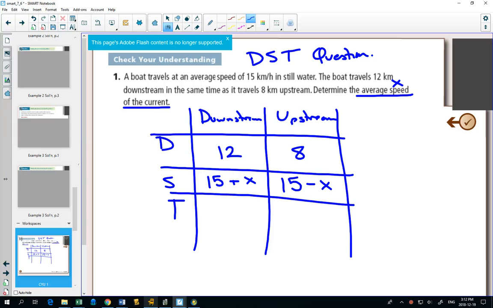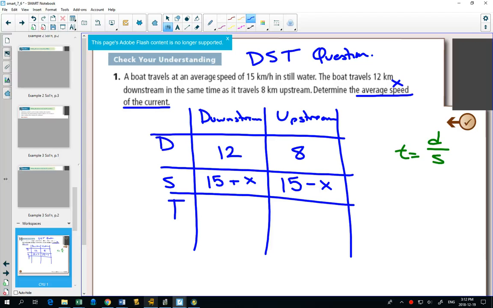Our formulas, right, if we get time by itself, time is distance over speed. You ever learn the triangle thing for distance, time, and speed?